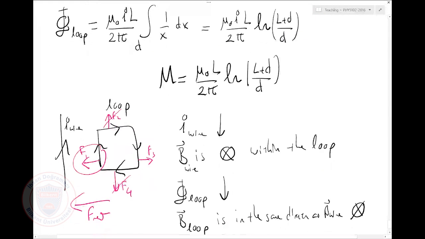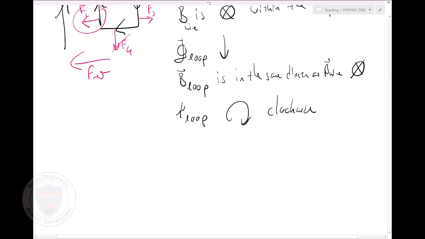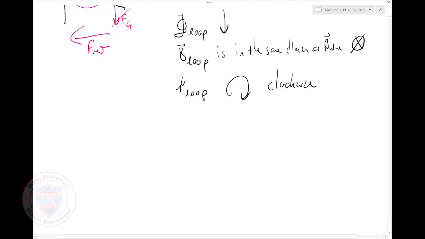But let's actually right now be more quantitative and calculate everything. Now, we were given the time dependence of the wire's current, which was I0 e to the minus t over tau.